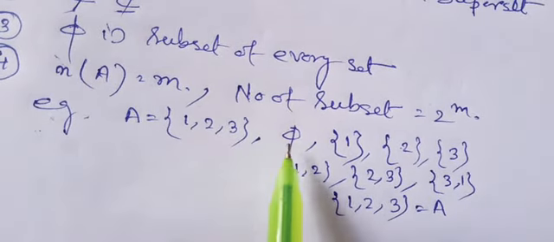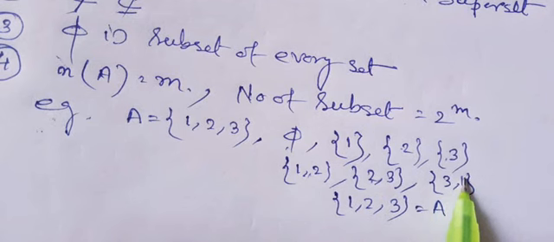So now the total number of subsets we got is 1, 2, 3, 4, 5, 6, 7, 8, 8 subsets.